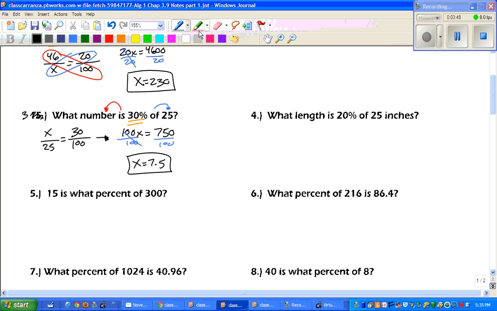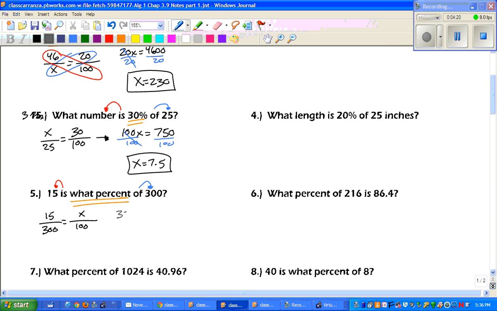Okay, number 5. 15 is what percent of 300? This is the first one where we're actually trying to find the percent. So I know my percent is x. 100 goes below that. Is 15. And then 300 is the of.